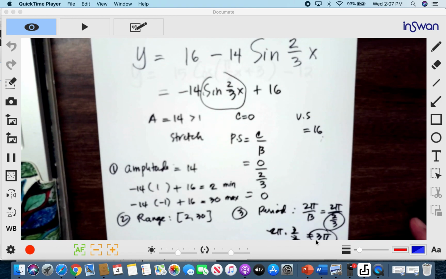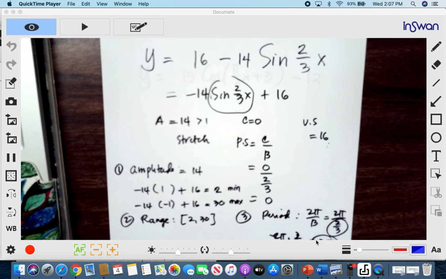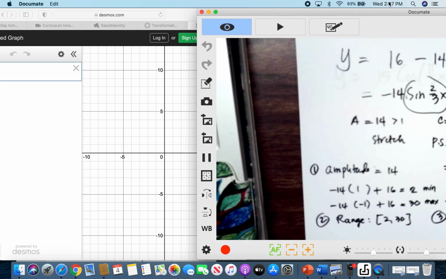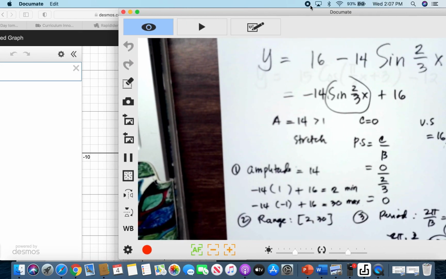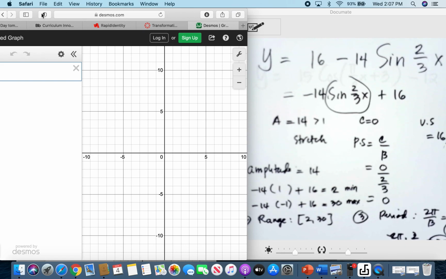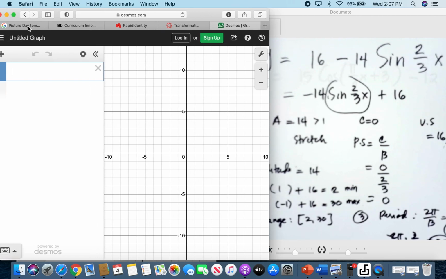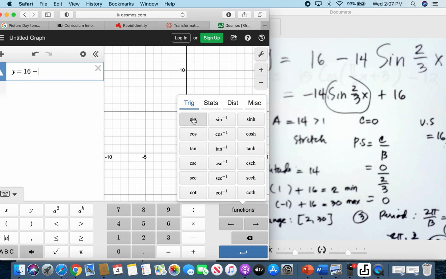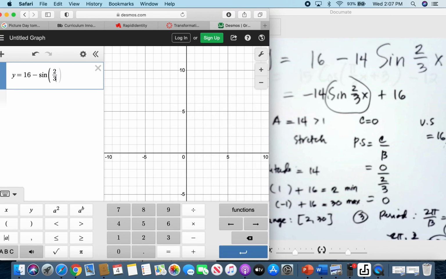Now, of course, you can always graph your function so that you can verify the shifting of our graph, provided that this function is in radian. So you have y equals 16 minus 14 sine x.